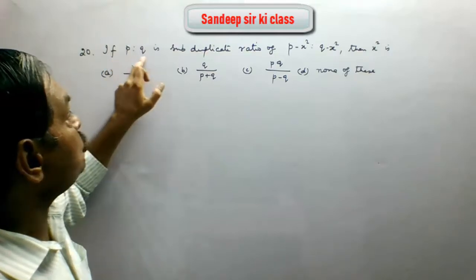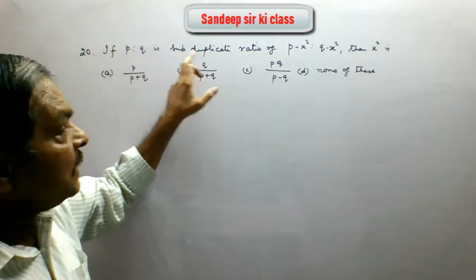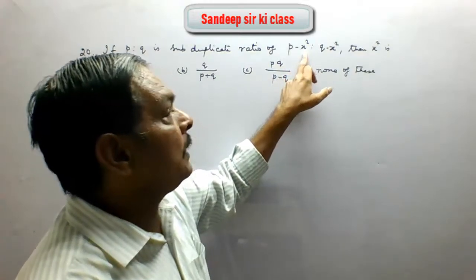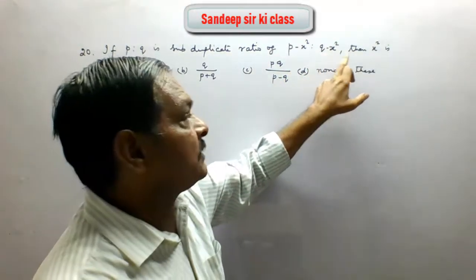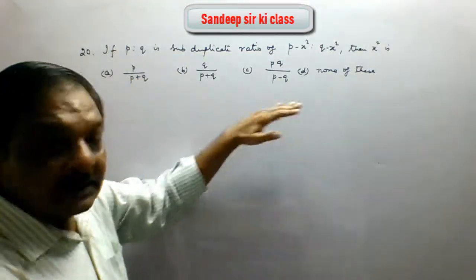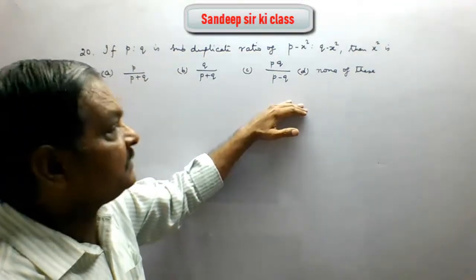If P is to Q is subduplicate ratio of P minus x square is to Q minus x square, then x square is. And these are the 4 options given to us.